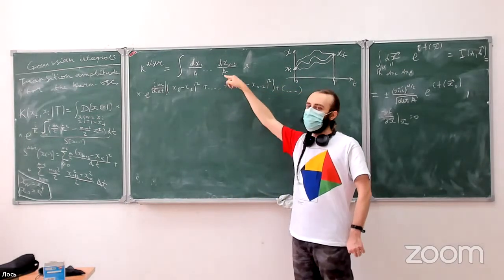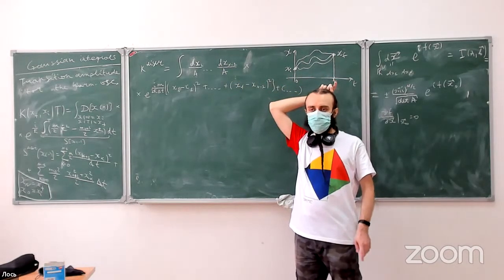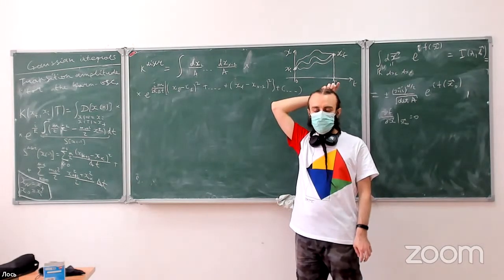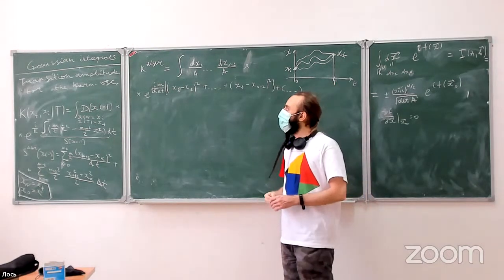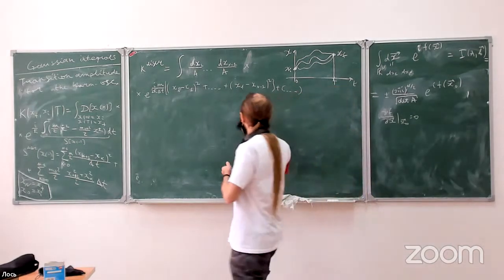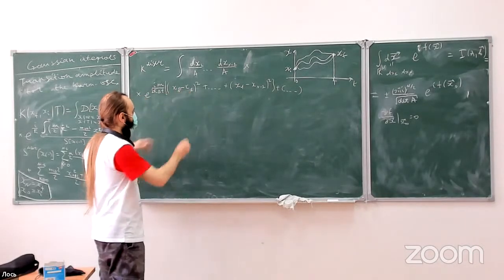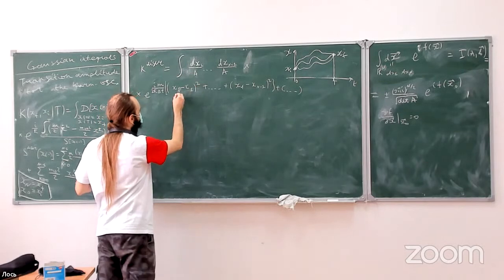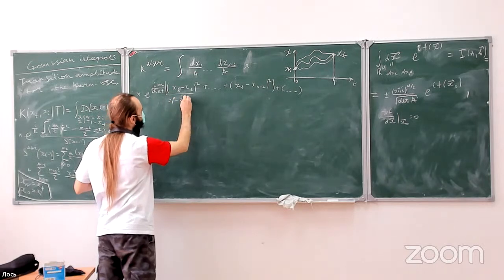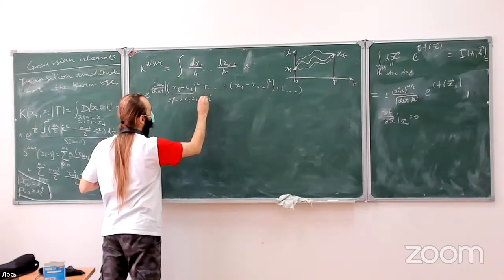This is some constant. Yes, we computed it last time, but we can compute it again now. We'll do it a bit later. Okay, so we see that if we expand this square, we have here x initial squared minus 2 x initial x1 plus x1 squared.